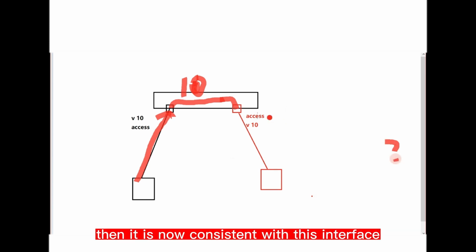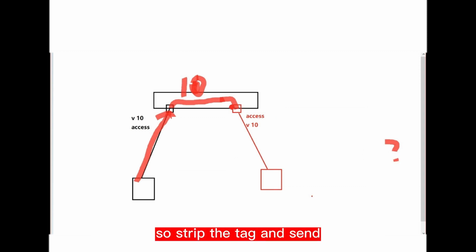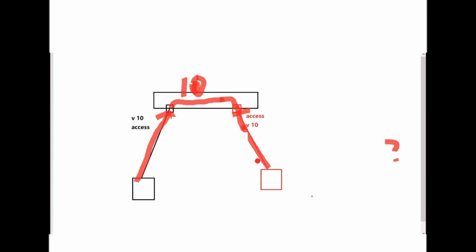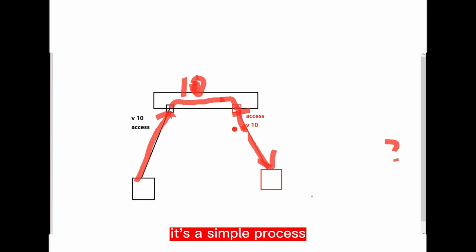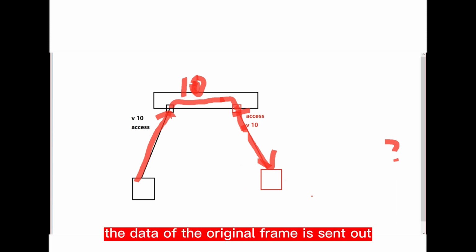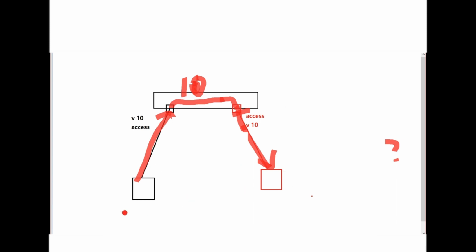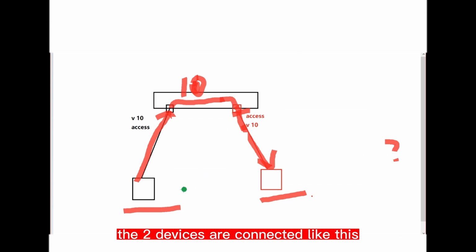It is consistent with this interface, so the tag is stripped and the frame is sent. What comes out is a complete, untagged data frame. It's a simple process: finally the data of the original frame is sent out. For the two PCs, what they receive is clean. They feel like the two devices are connected directly.